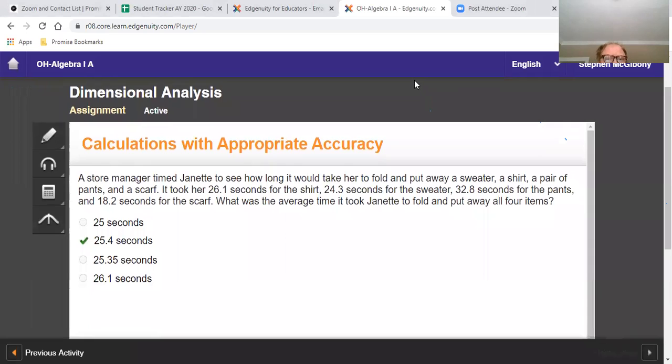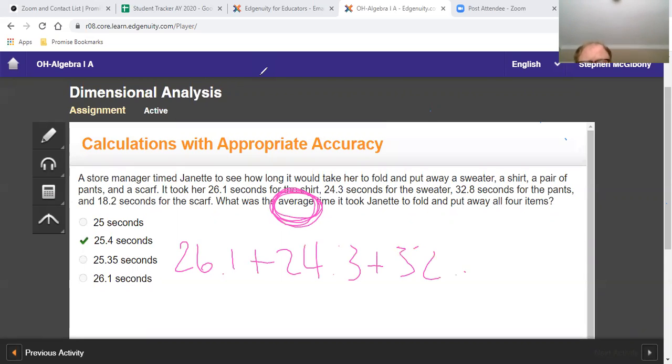All right, here we're looking at a problem where we need to find the average. So to find an average, we want to add up all these numbers, 26.1 plus 24.3 plus 32.8 plus 18.2.